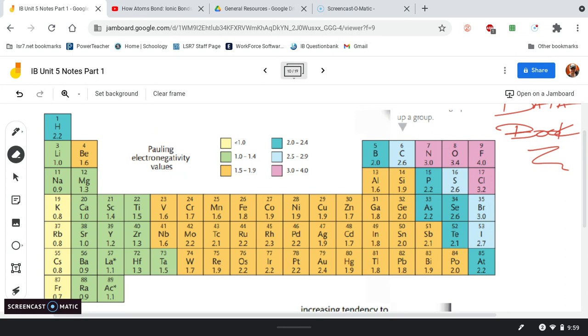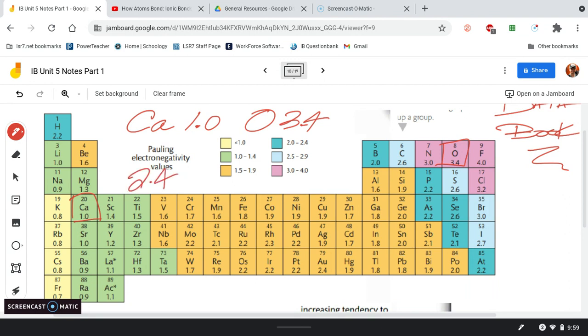But if you look at two chemicals, let's say calcium and oxygen, if you have a pretty big difference, so calcium is 1.0 and then oxygen is 3.4, the difference here is 2.4.